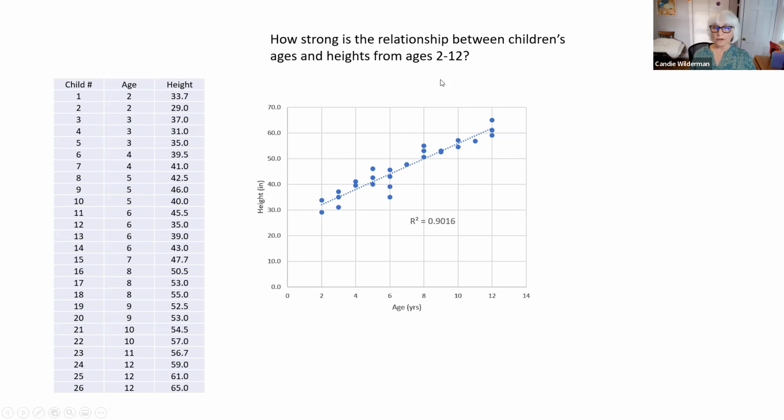One way to look at an R squared value is to change that decimal into a percentage by moving the decimal point over 2, so it's 90%. That means that the variability in age can explain 90% of the variability in height. 10% is due to other things.